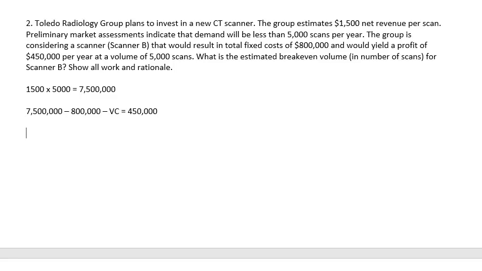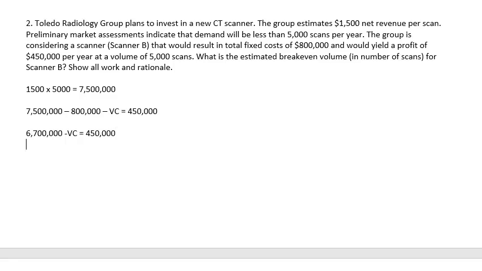Okay, so let's figure out what that VC number is. Most of you can probably do that in your head, but I can't. So let's collapse those two numbers together. Let's take off that 800,000. That's going to get you 6.7 million, minus, still our mystery number, minus our variable cost. Don't know what that total number is yet. And that's still going to equal 450,000.